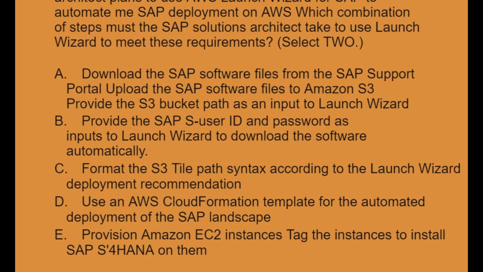Option C, format the S3 file path syntax according to the Launch Wizard deployment recommendation. Option D, use an AWS CloudFormation template for the automated deployment of the SAP landscape. Option E, provision Amazon EC2 instances. Tag the instances to install SAP S/4HANA on them.